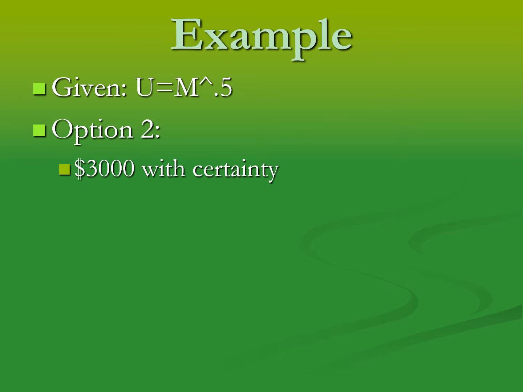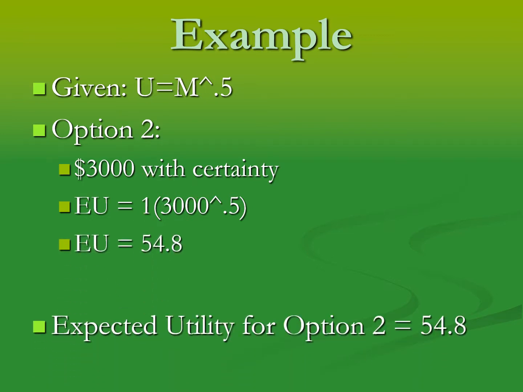Well, in this case, it's the only outcome. It's happening with certainty, so the math gets pretty easy here. We simply plug the payoff into our utility function here, and then we multiply that by the probability of 1. And so what we end up with is an expected utility of 54.8 in this situation.